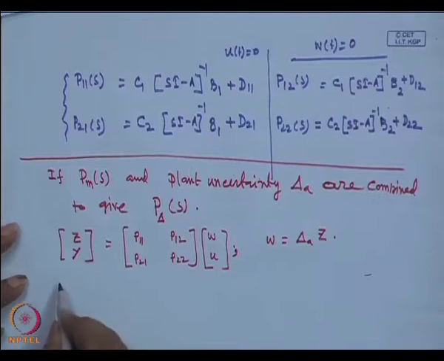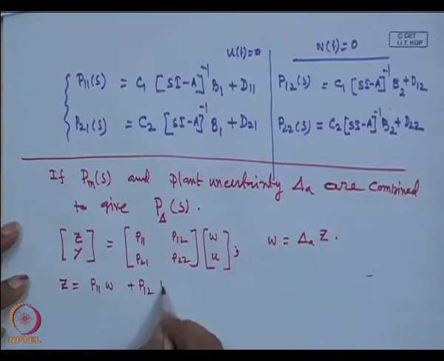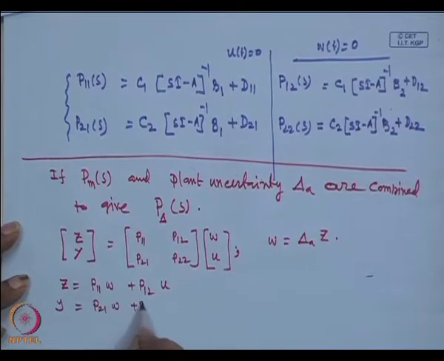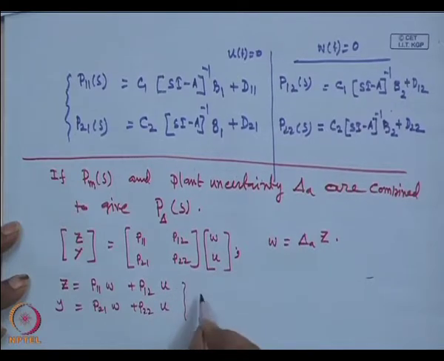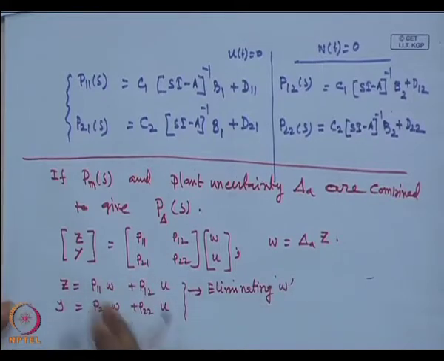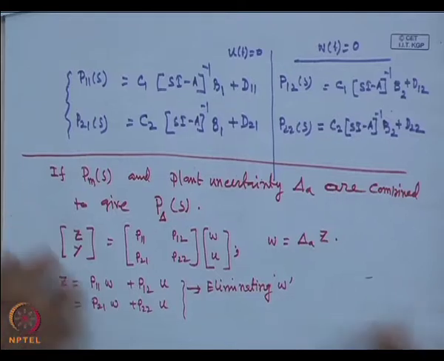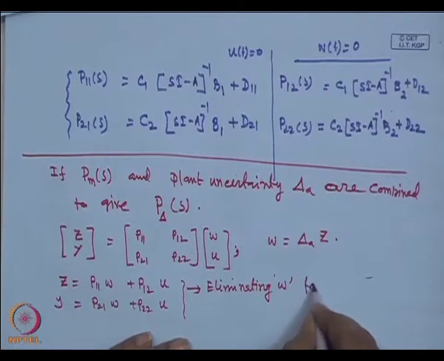So, now I can write Z is equal to P11 W plus P12 U, one expression, and y is equal to P21 W plus P22 U. Now, from these we eliminate W. How will we eliminate W?